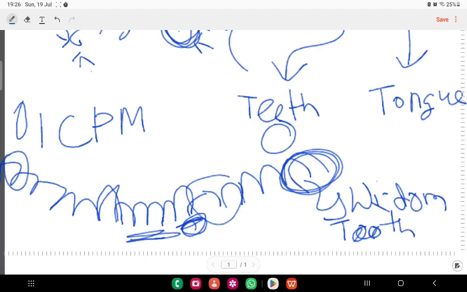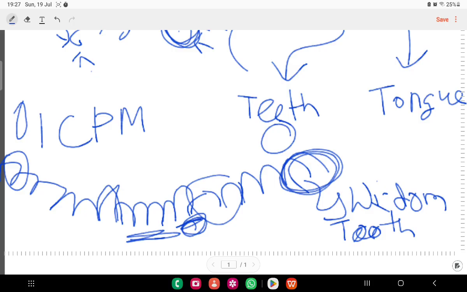The wisdom tooth is the last tooth to come and also the first tooth to go. When you are aging, this tooth will be the first to naturally fall.